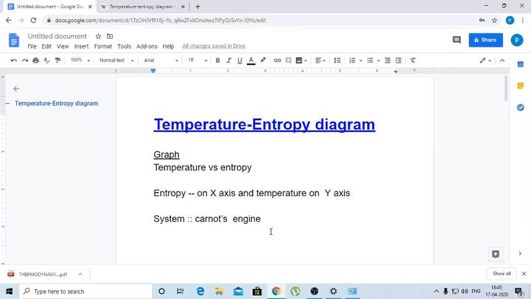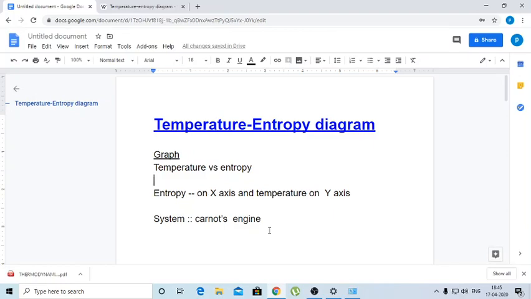A thermodynamic system has mainly four parameters: pressure, volume, temperature, and entropy. Entropy is the disorderness of a thermodynamic system. When temperature changes, entropy changes.